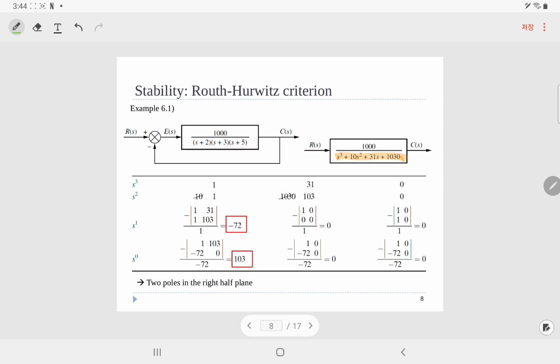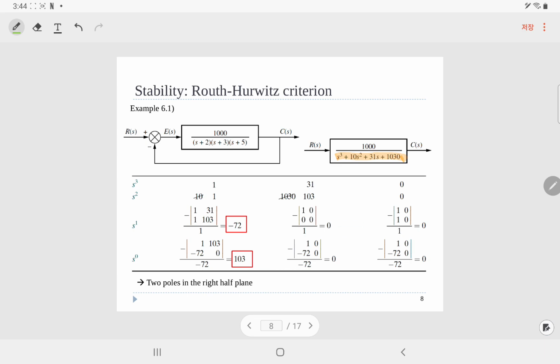Okay, this is the Routh table. Here the highest power of s is s^3, so the total number of rows of the table is 4, and you can check here. Then following the method I explained, you can easily complete the Routh table like this.